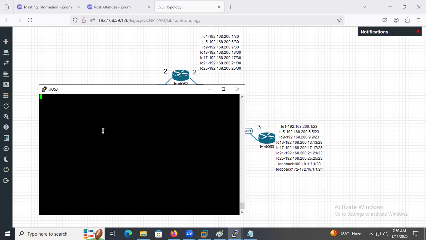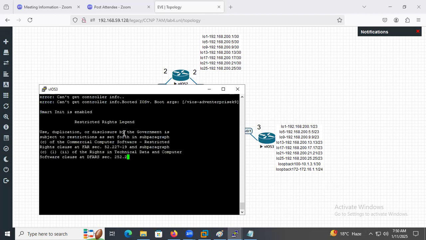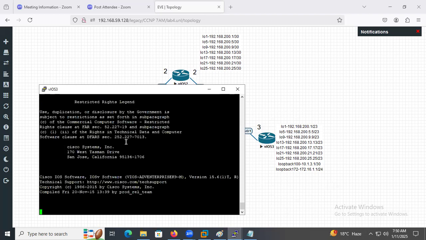Router 3, /23. /23 means what is the subnet mask? 255.255.254.0.